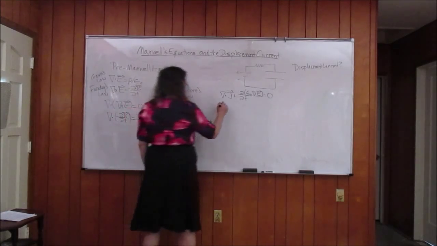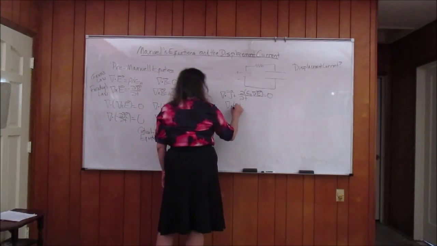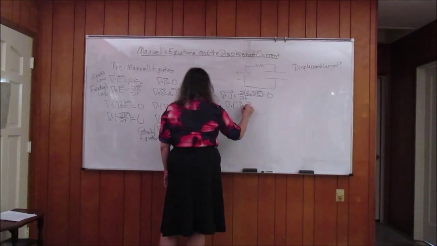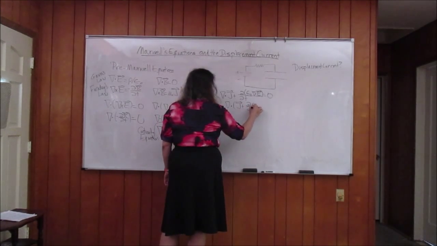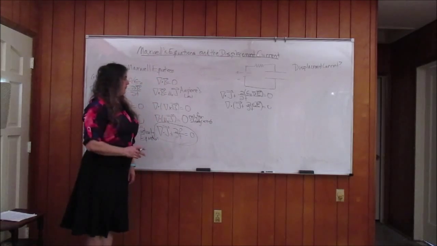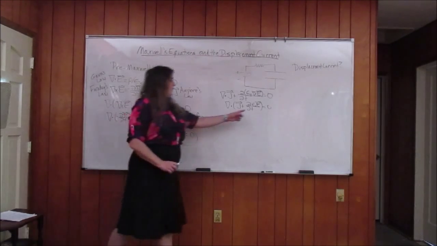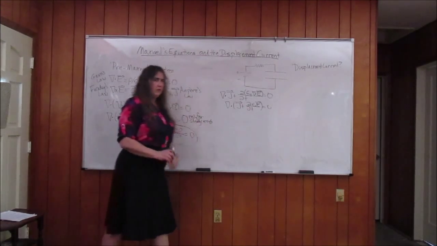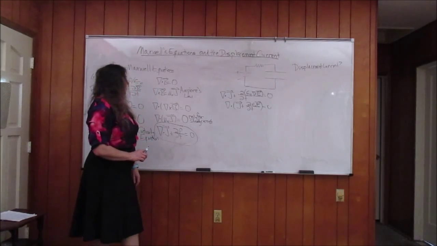Basically this boils down to the divergence of the volume current density plus the time derivative of the permittivity of free space times the electric field is equal to 0.